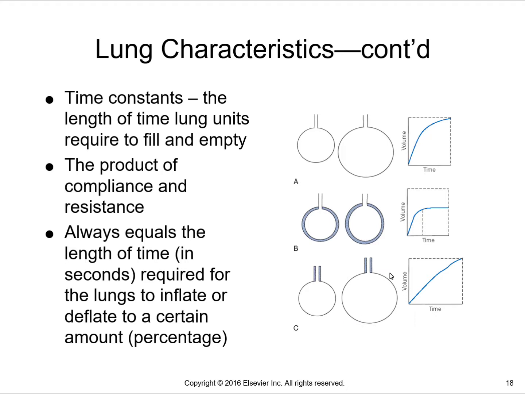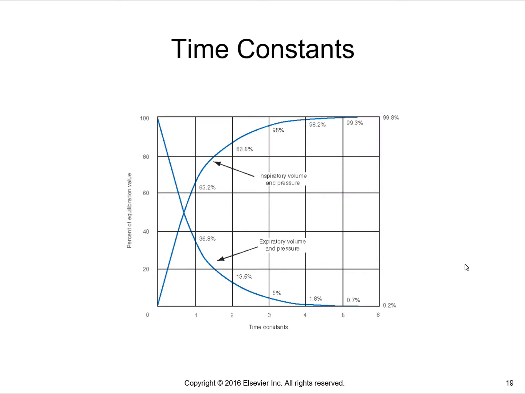You've got boogers in the smaller branches of the airways leading to the alveoli. Those can create high airway resistance, so less air will fill the alveoli, and it's going to take more time for the alveoli to get a maximum amount of stretch. That's where your time constants come in.